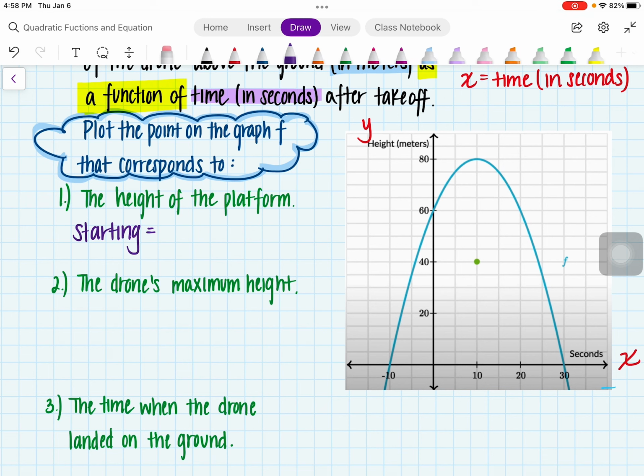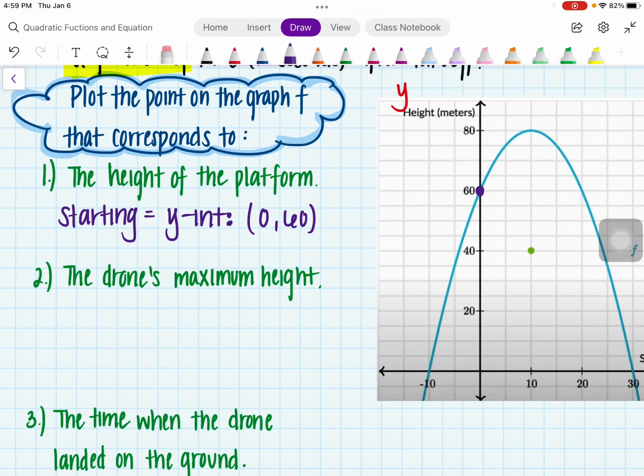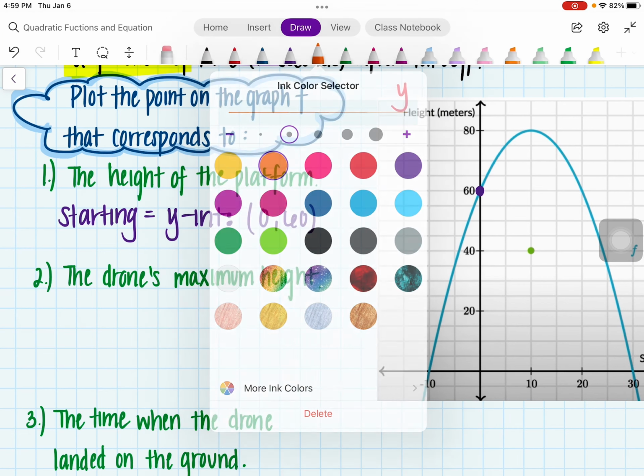The question for you is, what represents our starting point here? Our y-intercept, our vertex, or our x-intercept? In this case, our starting point is here, which would be our y-intercept. So if I want to know the exact height of my platform, it would be found at the point (0, 60), or I could simply say 60 meters.